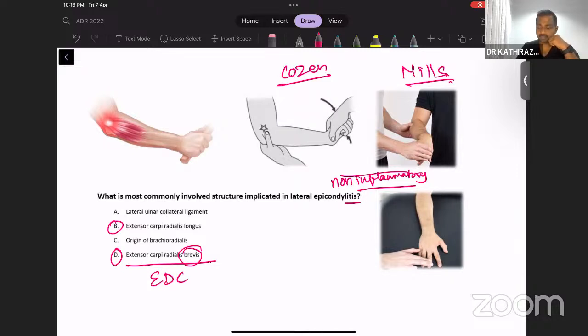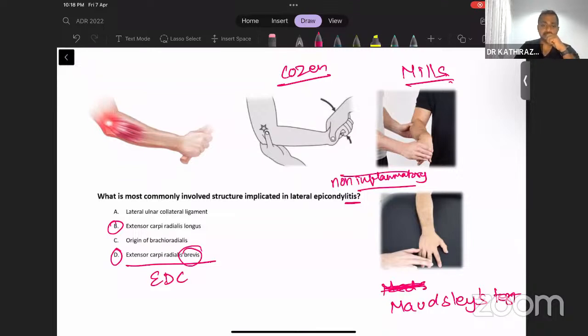Any response? The answer is Maudsley's test.